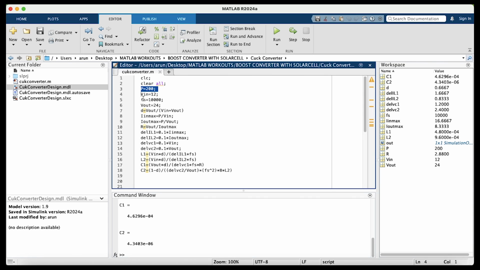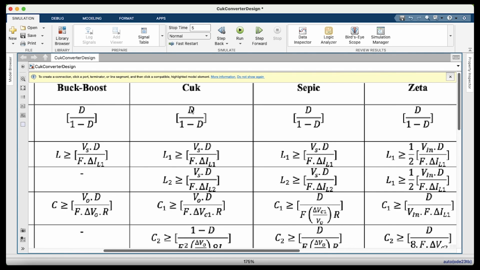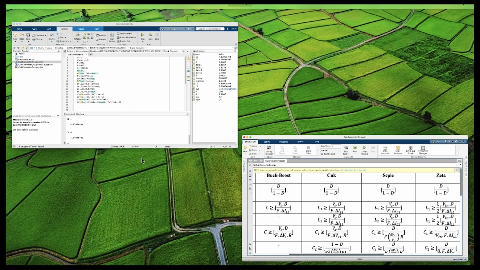I choose the switching frequency as 10 kilohertz, and to calculate the duty cycle D, I referred to V out divided by V in plus V out. So from this formula, I choose D equal to V0 divided by V0 plus Vin. That is what I have mentioned here.